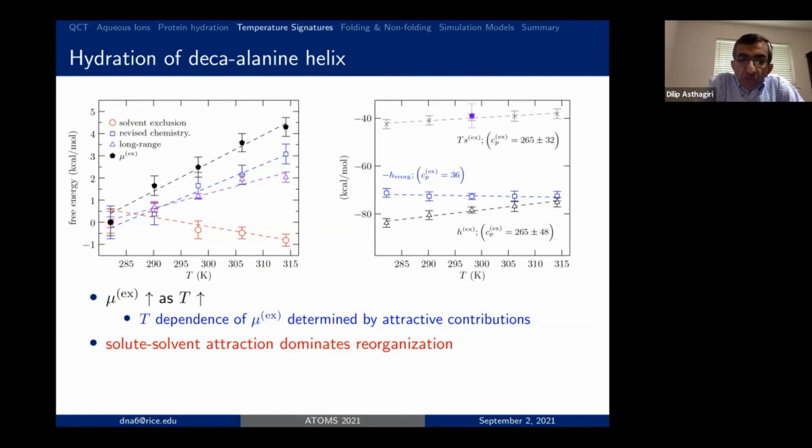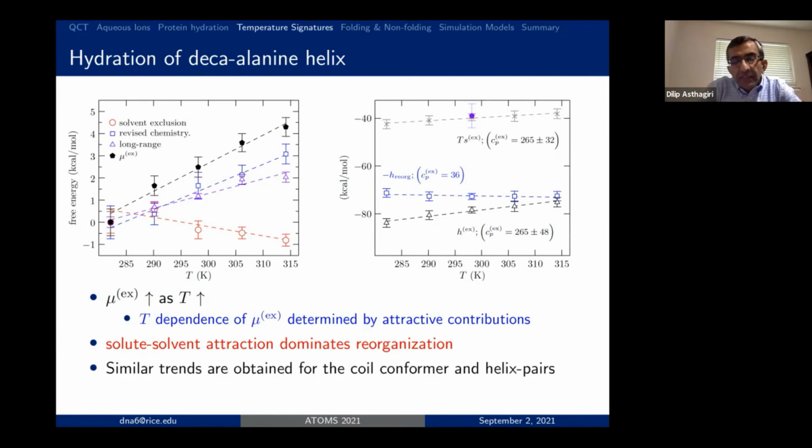So the reorganization term is of much lower magnitude than the solute solvent attraction contributions for this particular deca-alanine helix. And we have done this for different systems, for coil conformers, for combinations of helices. The trends are roughly the same.